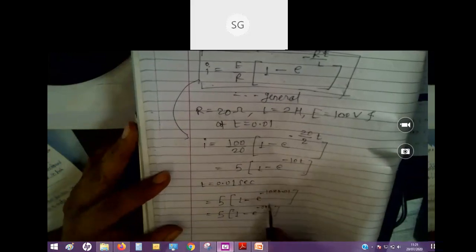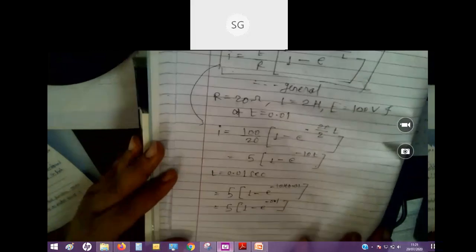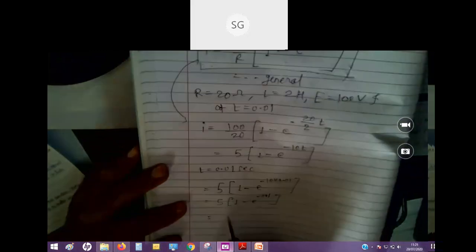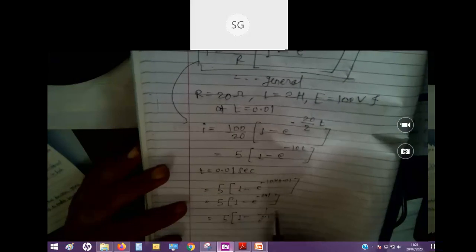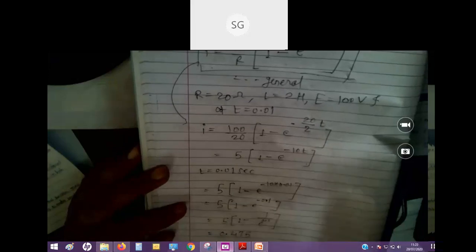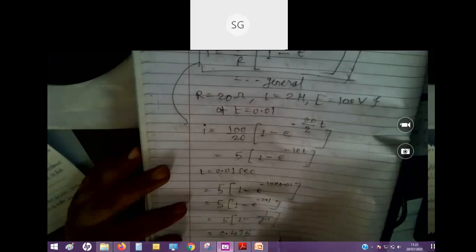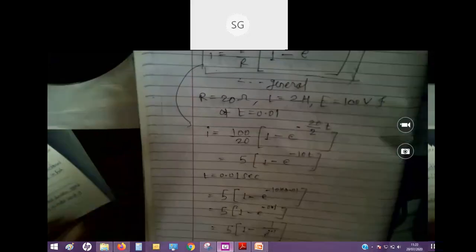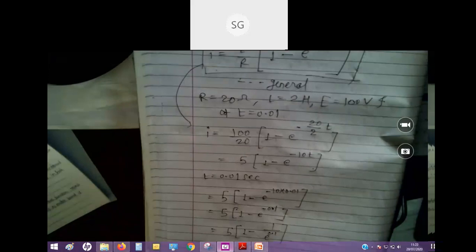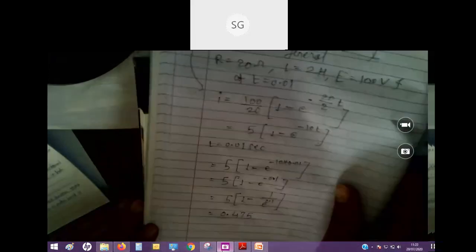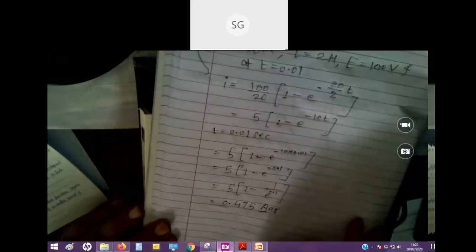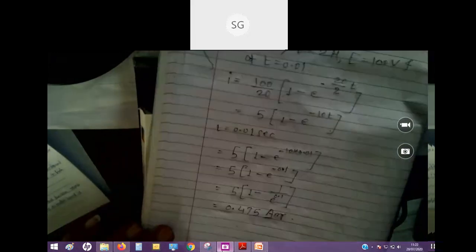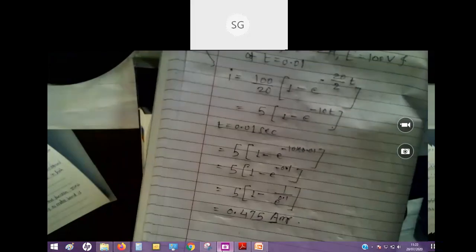I don't have a calculator to know the value of e raised to minus 0.1, so approximately, the final answer is 0.475 ampere. Please don't forget to put the units.